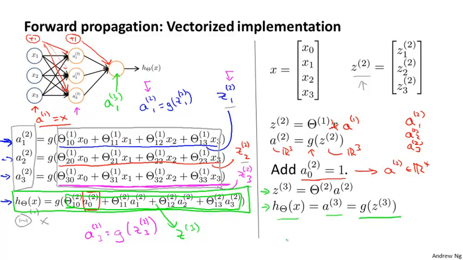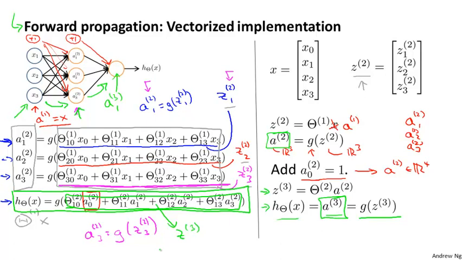This process of computing h of x is also called forward propagation, and it's called that because we start off with the activations of the input units, and then we forward propagate that to the hidden layer and compute the activations of the hidden layer, and then we forward propagate that and compute the activations of the output layer.